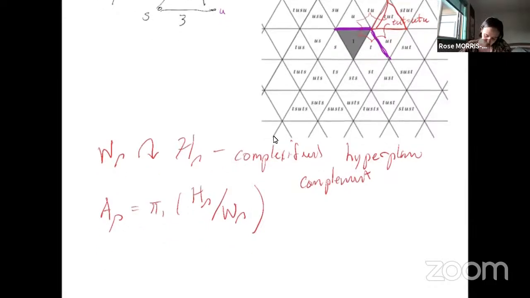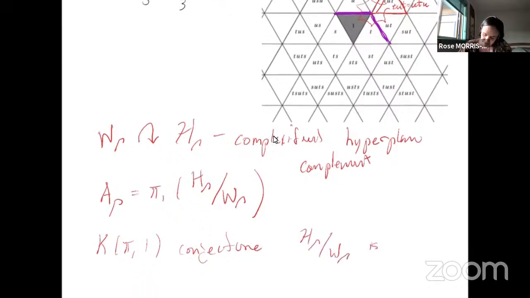And so I told you I was going to tell you lots of open questions. This is one of the biggest open questions, called the K-pi-1 conjecture. The K-pi-1 conjecture says that this hyperplane complement modulo my action by my Coxeter group is a classifying space for my Artin group.